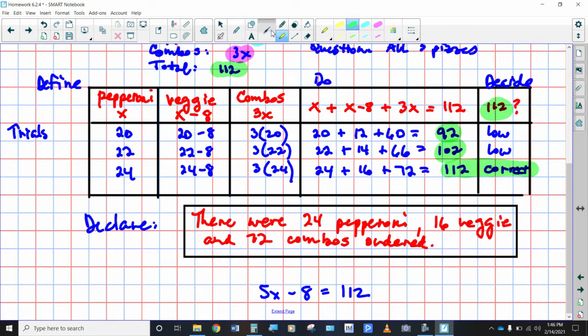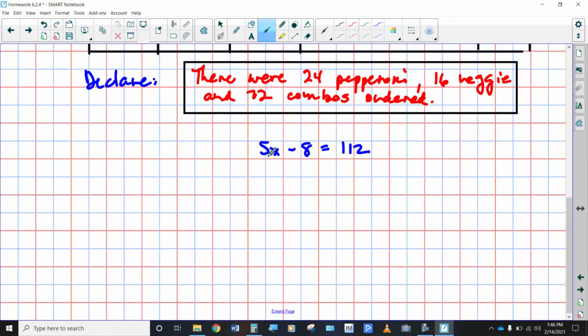So let's see how long it takes to solve it algebraically, where we've got 1, 2, 3, 4, 5 x's minus 8 has to be equal to 112. When we combine like terms, simplify this expression, it becomes 5x minus 8. So let's solve. Let's start by adding 8 to each side, because we want to know what 5x was equal to before we took away the 8.